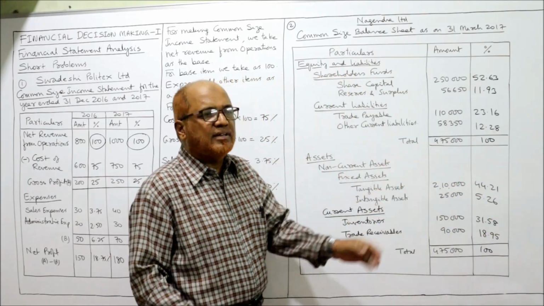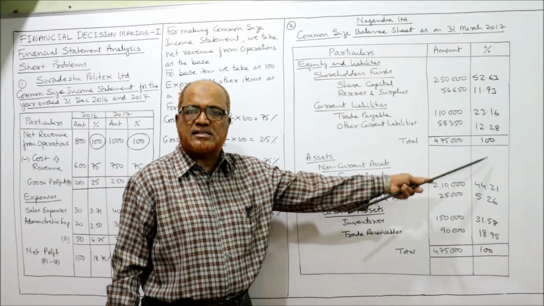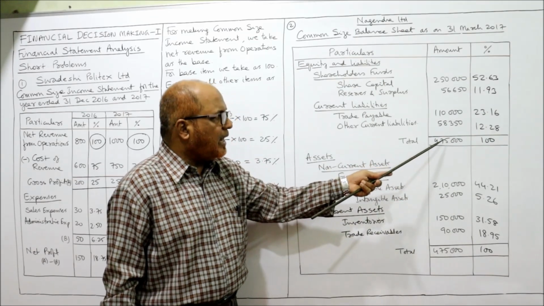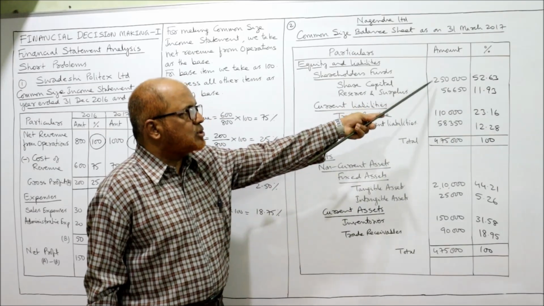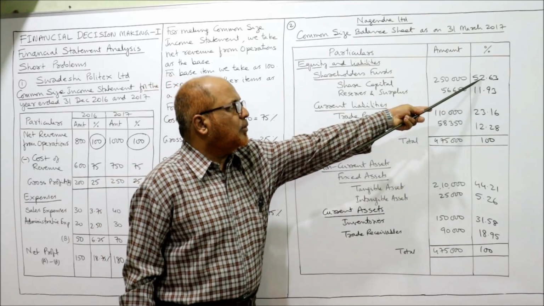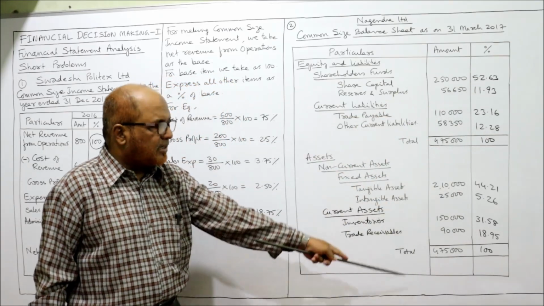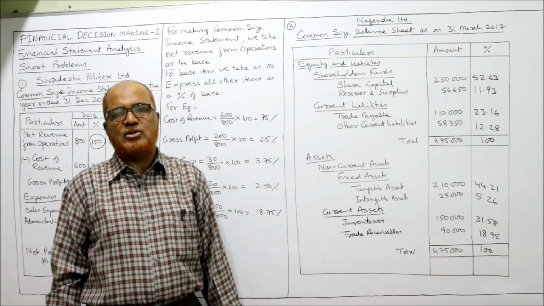Similarly, in balance sheet, we take total liabilities as base and total assets as base. So take 4,75,000 in the denominator. In the numerator, you take all these values. 2,50,000 divided by 4,75,000 into 100, you will get 52.63. Like that, you have to convert this balance sheet into common size balance sheet.